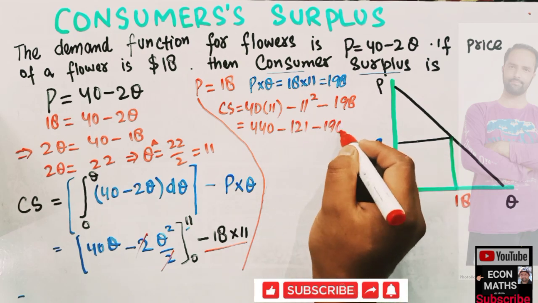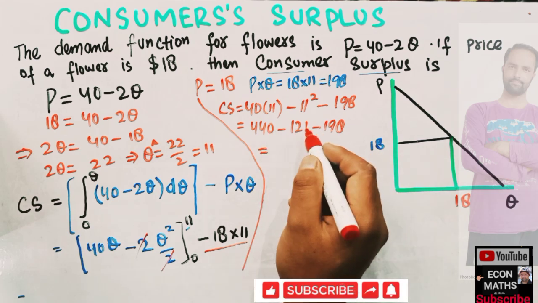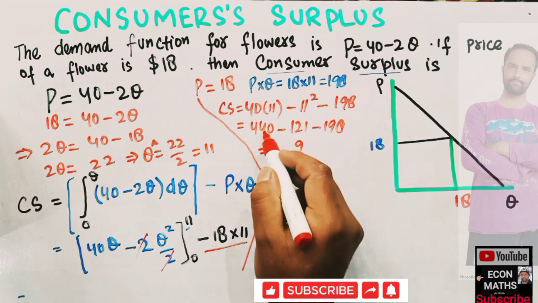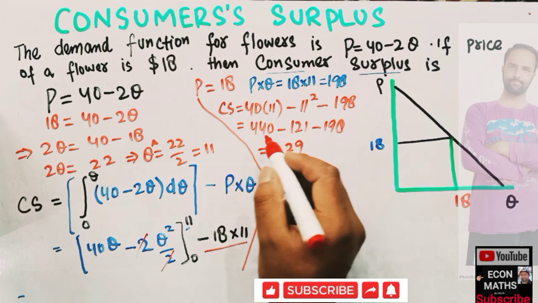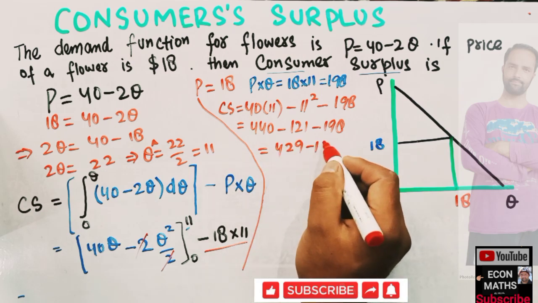So when you solve, 440 minus 121 is 319, minus 198.